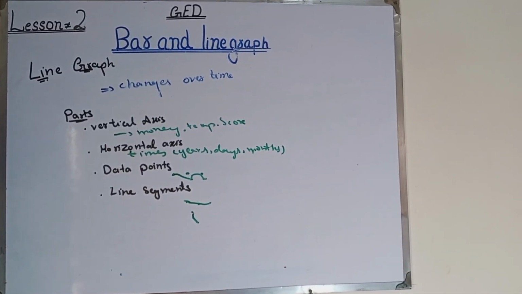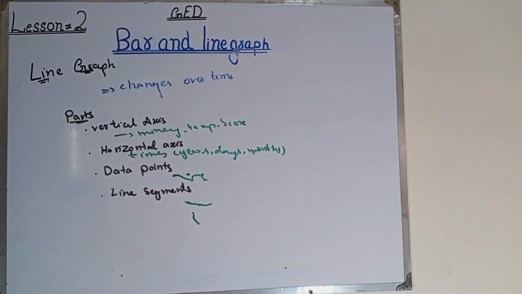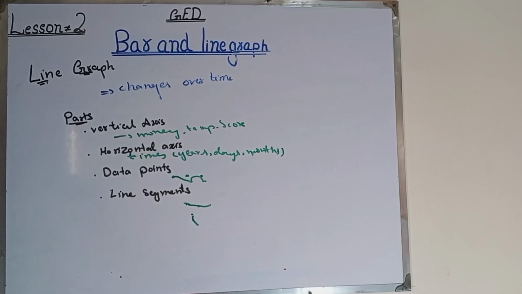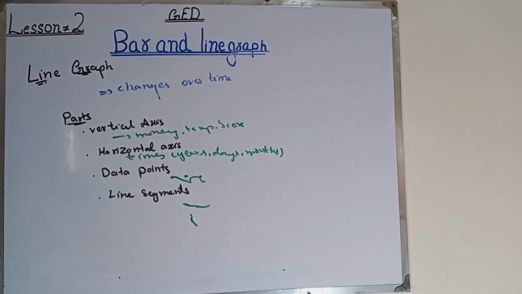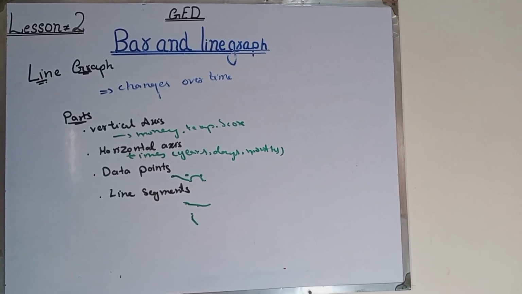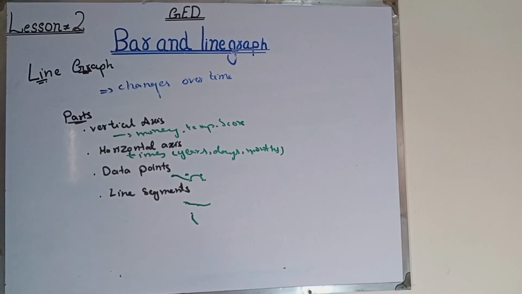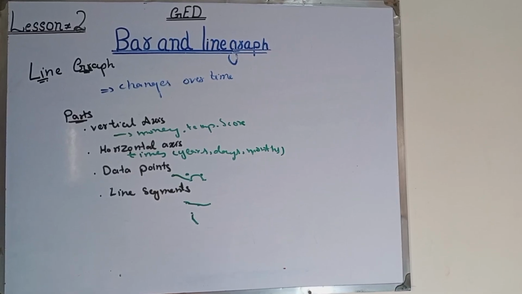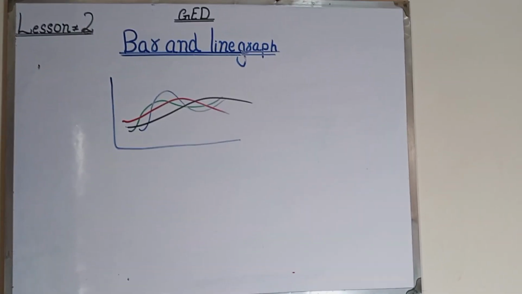Now multiple lines on a line graph. Sometimes a line graph has more than one line. Each line has a different color, represents a different person or group, and is explained using a key. This helps us compare performance easily. Now I will do the example in which you can easily understand this. These lines have different colors.